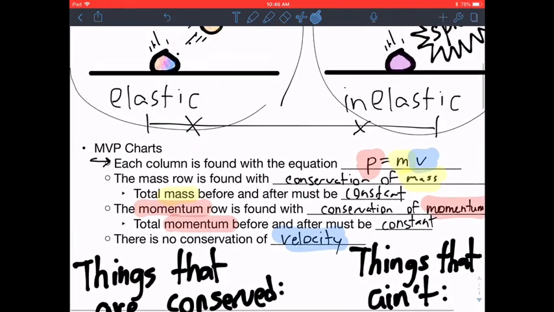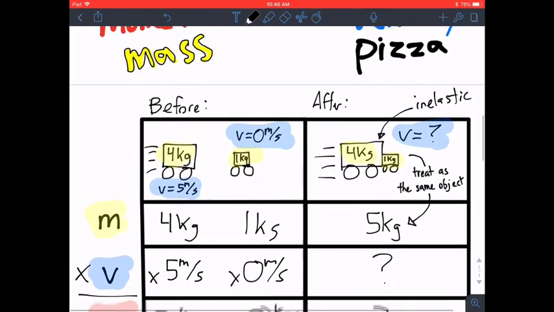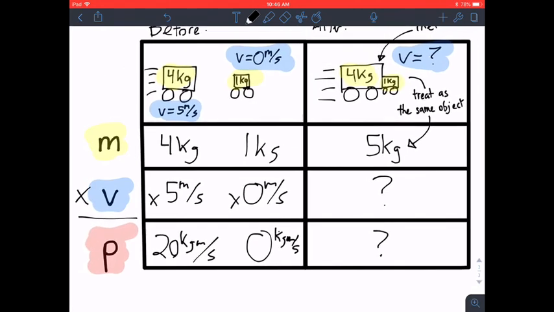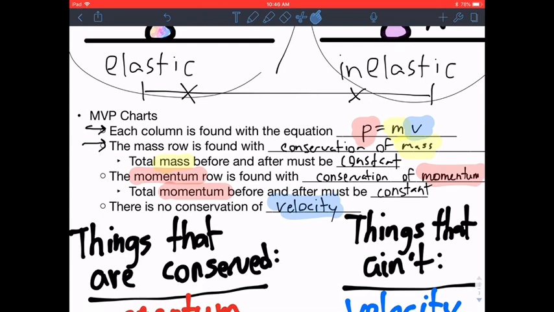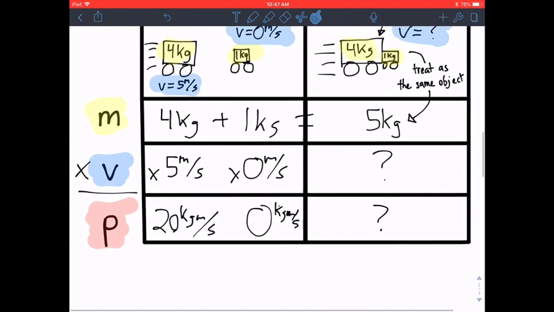The next thing we need to do, let's go back to our instructions up here, is look at the rows. So the mass row is found using conservation of mass. So 4 kilograms plus 1 kilogram would have to equal 5 kilograms. We have to have the same mass before and after. Okay, and we do. Our next rule is that the momentum row must be found with conservation of momentum.